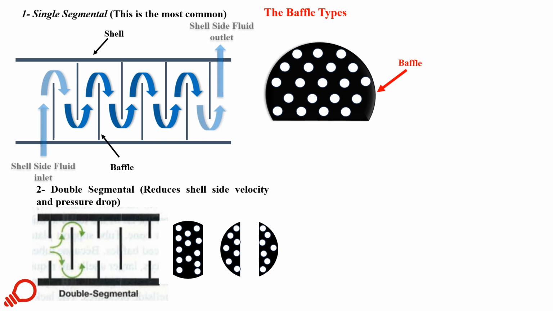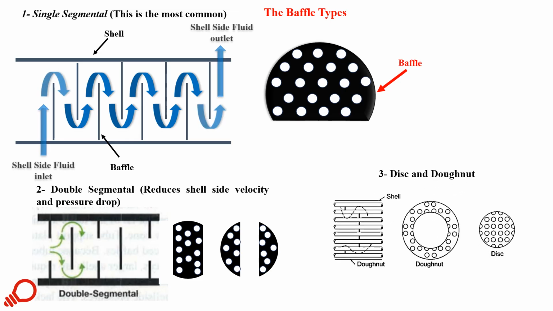Then the flow will be divided into directions, and then we have a sequence of these baffles as shown in this figure. Of course, this type is used to minimize the shell side velocity, which is reflected in minimizing the pressure drop. So this is another option to minimize the pressure drop as well.